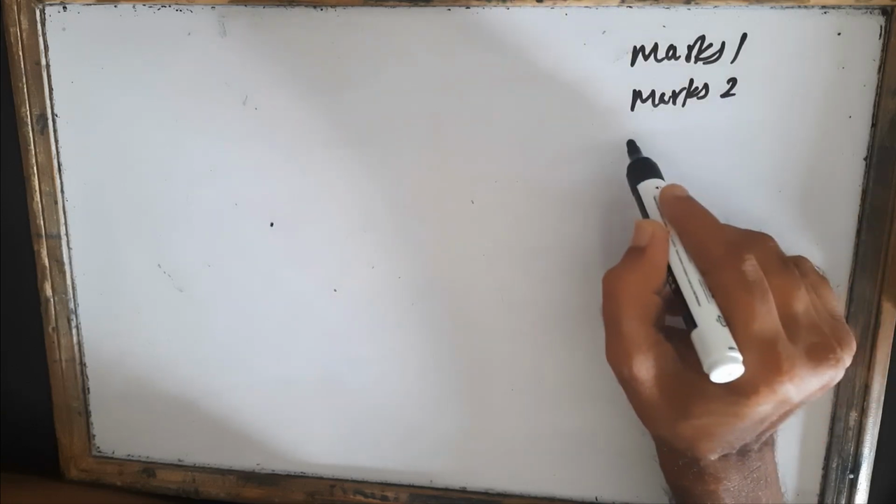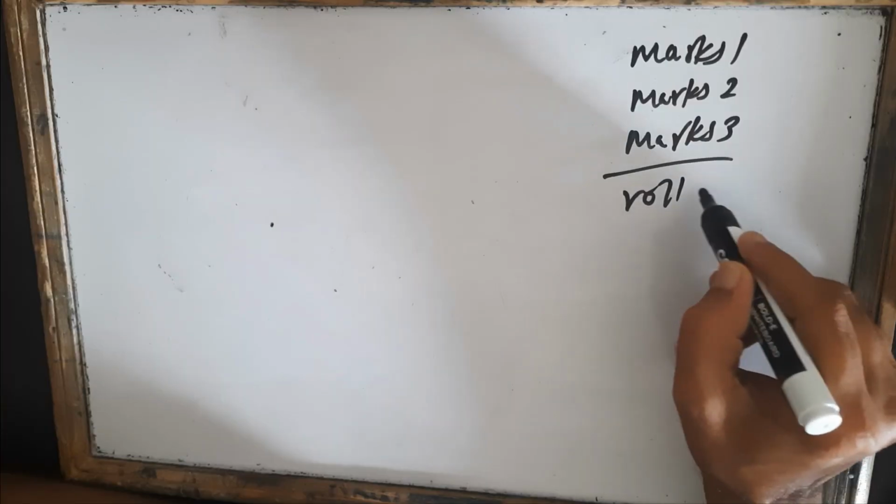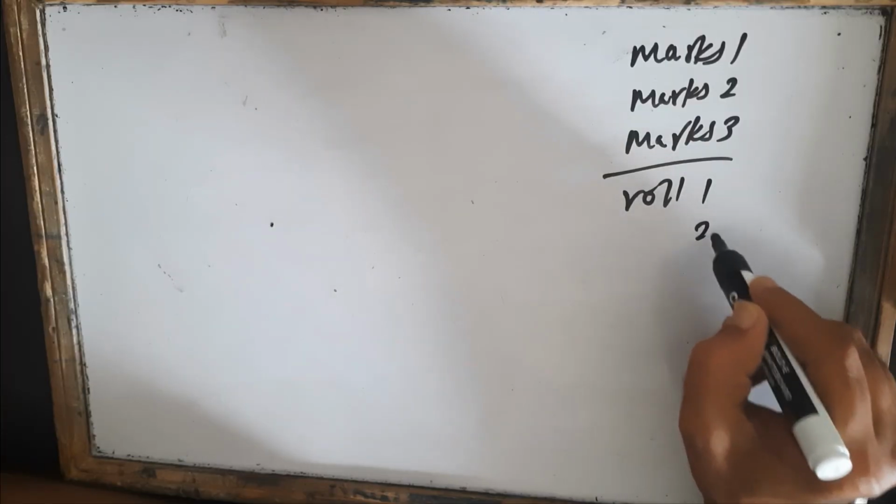And say for example we have marks 1, marks 2, marks 3, like this maybe, and we can have roll number 1, 2 and 3. So like this.